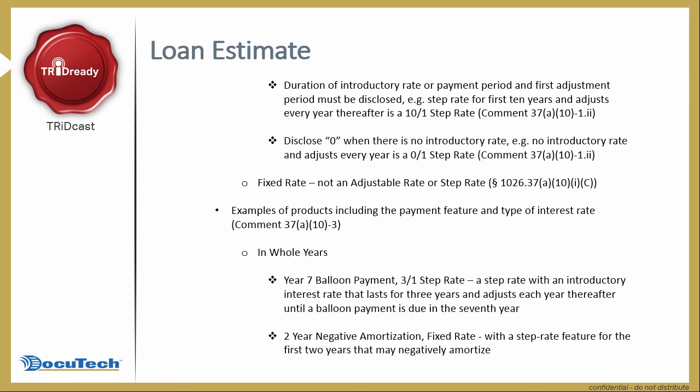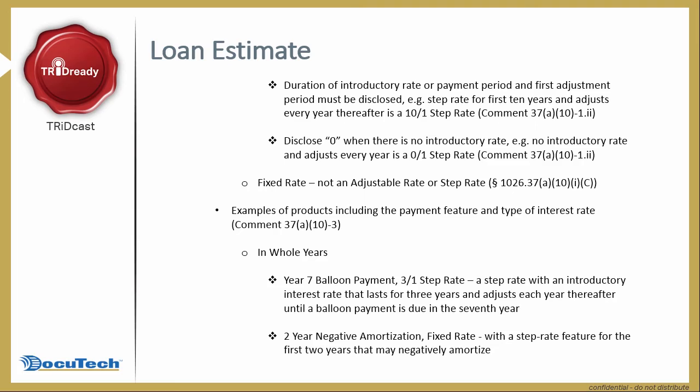So you've got the 2 years of possible negative amortization. That's the payment feature and the time that needs to be disclosed. And then you're going to disclose fixed rate. The reason you would disclose fixed rate is because there are 2 different interest rate descriptions here, but the fixed rate would come first. So that's why you've got 2-year negative amortization, comma, fixed rate.